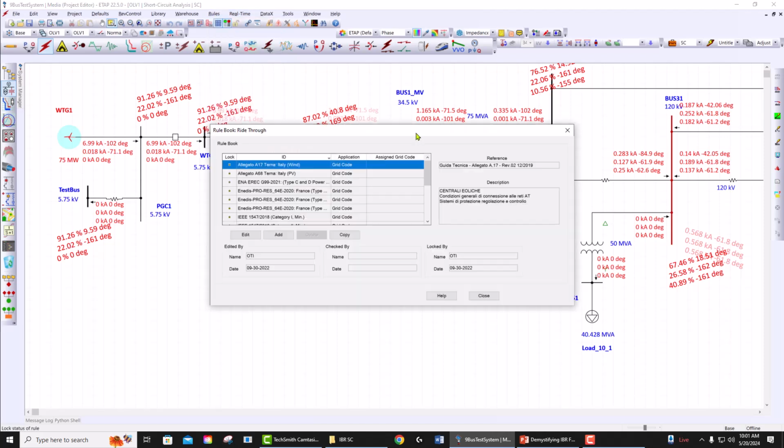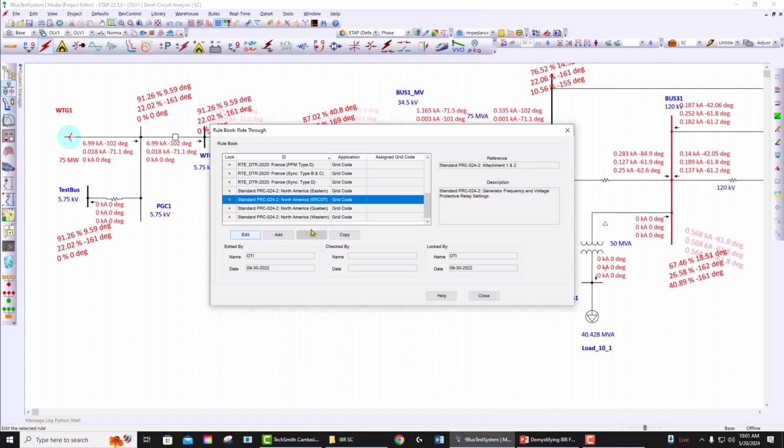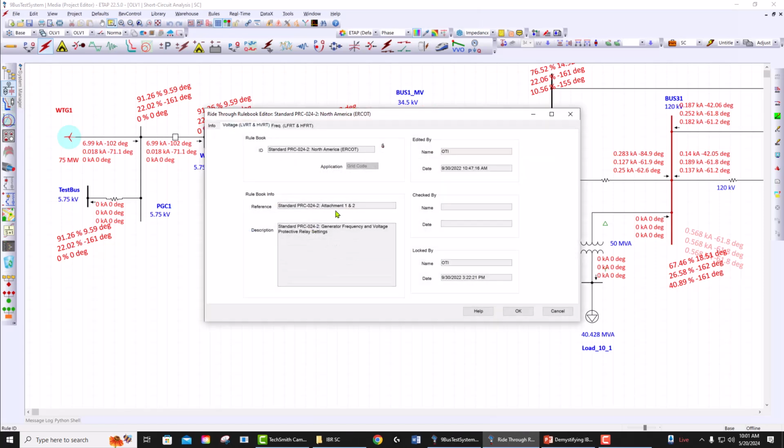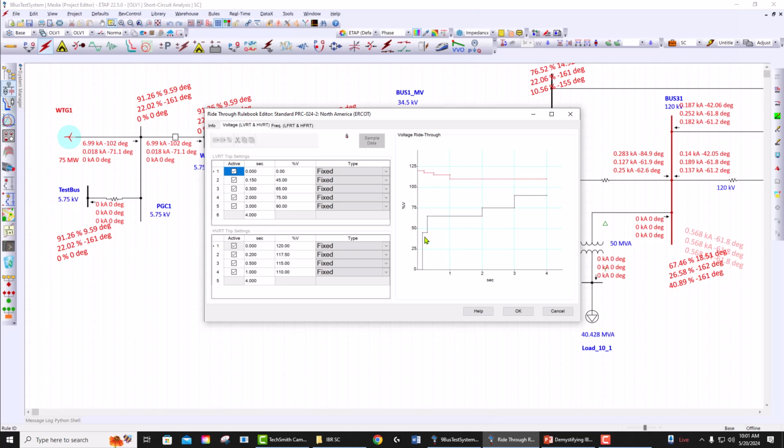In ETAP, it is still not used directly in the short circuit calculation. Maybe in future we will add that, but basically what it says is the inverter is allowed to trip after a certain amount of time if the voltage falls below a certain value. So let's say certain grid codes or requirements define those curves that the IBR should ride through without tripping if the voltage falls within, let's say, these two curves.